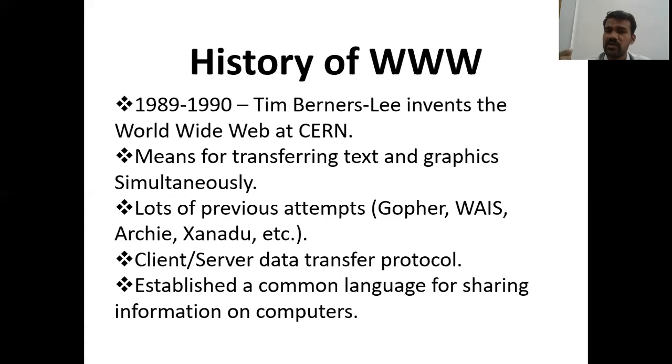I can transfer the text part, that is the alphabetical characters, and also the graphics simultaneously. There were many previous attempts by Gopher, WAIS, and others, but with Berners-Lee's World Wide Web at CERN, they could transfer text and graphics simultaneously.